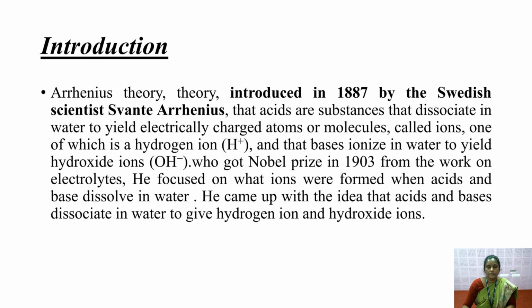H+ is the hydrogen ion, and that bases ionize in water to yield hydroxide ion. Acids ionize in water to form H+ ion, and the base ionizes in water to form hydroxide ion. He got the Nobel Prize in 1903 for his work on electrolytes.